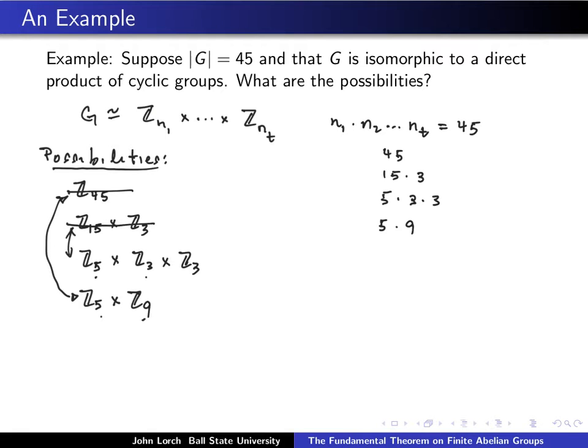Okay, now before we go on to the next slide, I want to point out something about our prime factorization of 45. So 45 is written as 5 to the first times 3 squared.